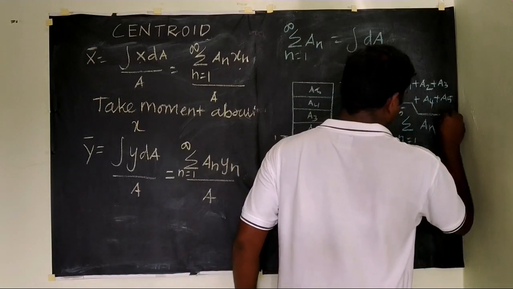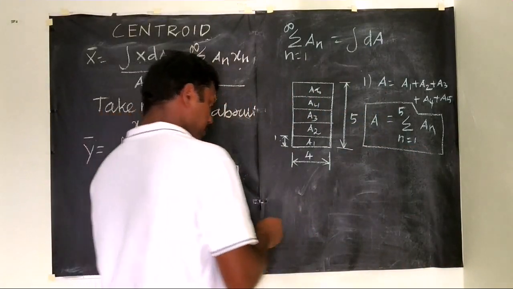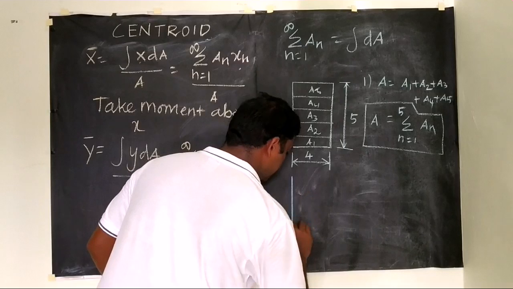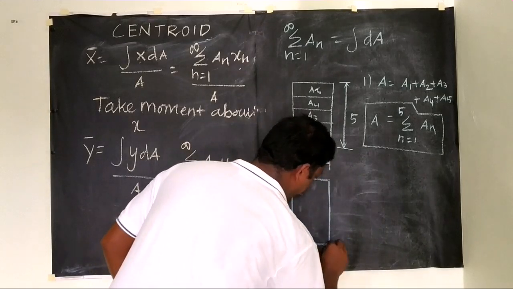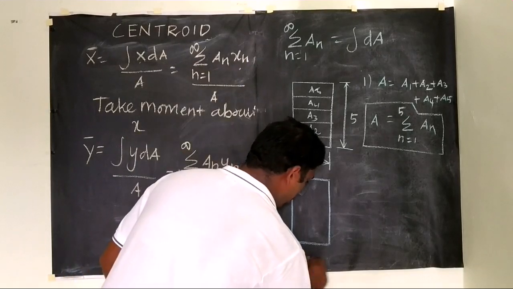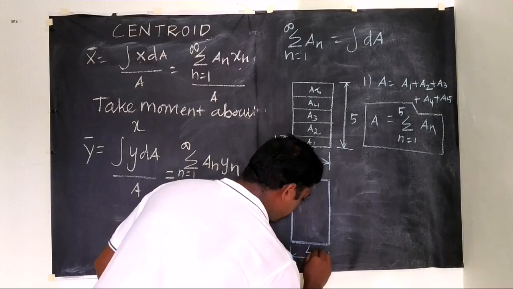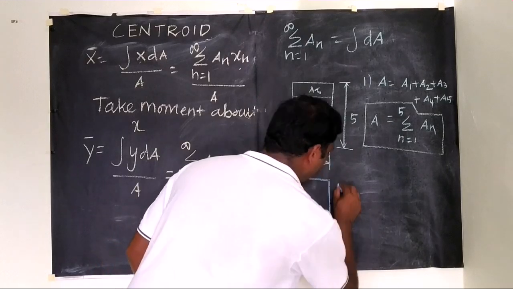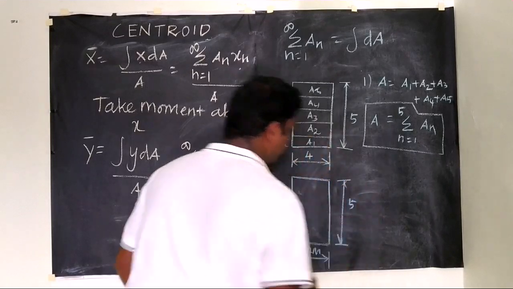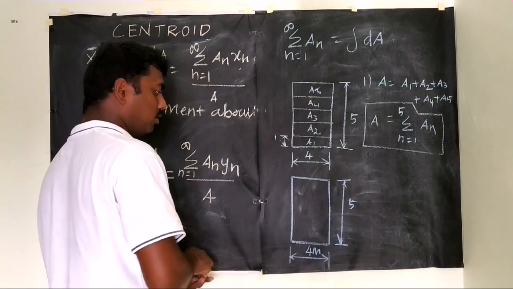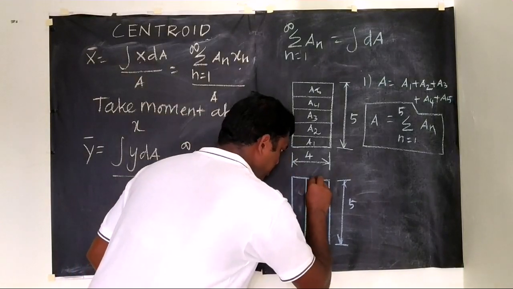Then comes the integral approach. Let me take one same rectangle of same dimension. The length equals 4 meter, then height equals 5 meter. Then I am going to take one vertical strip like this.